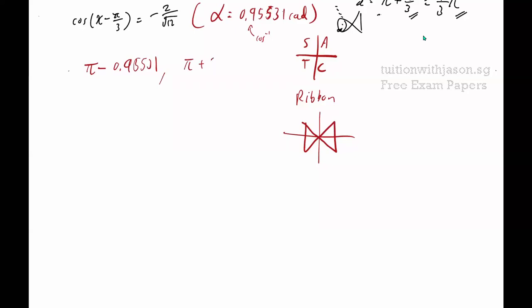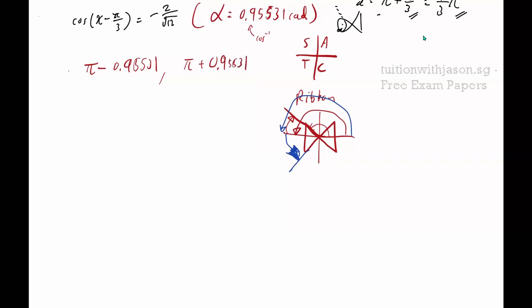Very good. How do you get to this quadrant 2 angle? It's 180 degrees, which is pi, minus that small angle. The alternative is you travel pi and then add on a little bit more to get to this angle. Good.